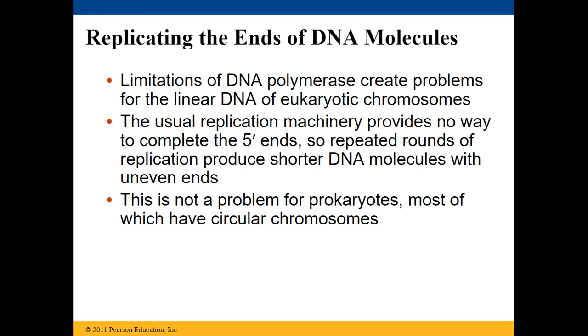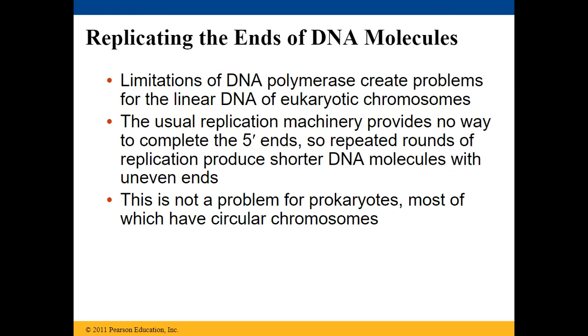Replication of the ends of the DNA molecule. There's a lot of limitations of what DNA polymerase can do on a linear DNA molecule, like those of eukaryotic chromosomes. The usual replication machinery provides no way to totally complete the 5' end of DNA.